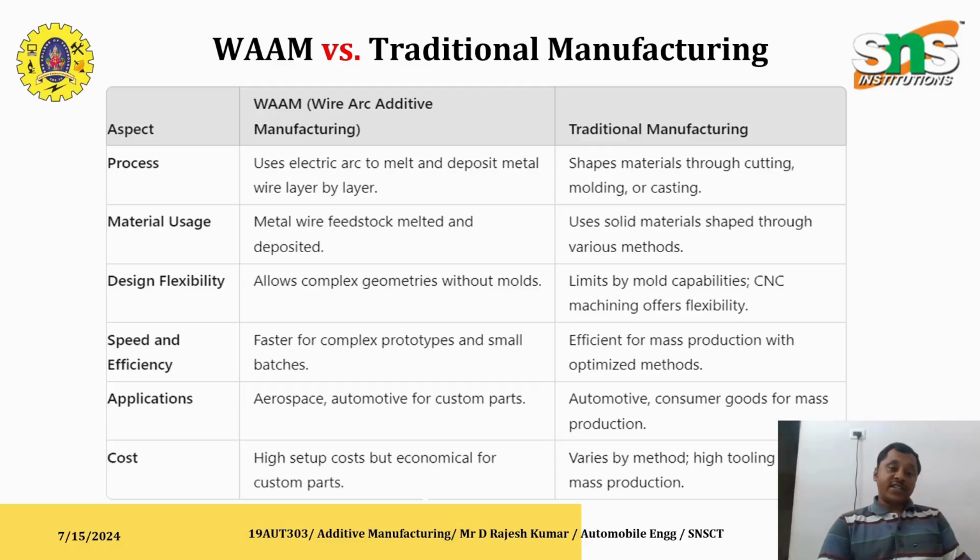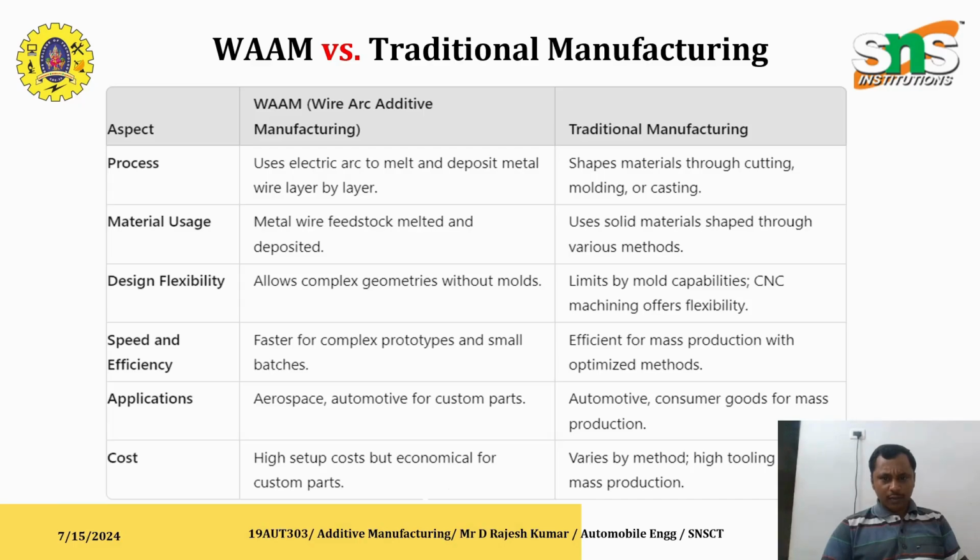So speed and efficiency: when compared to traditional manufacturing, wire arc additive manufacturing is a modern process that uses the robot arm. So it is faster and it can generate complex profiles or create complex prototypes. So the production rate is also high. Whereas in traditional manufacturing, mass production can be efficient by optimized methods.